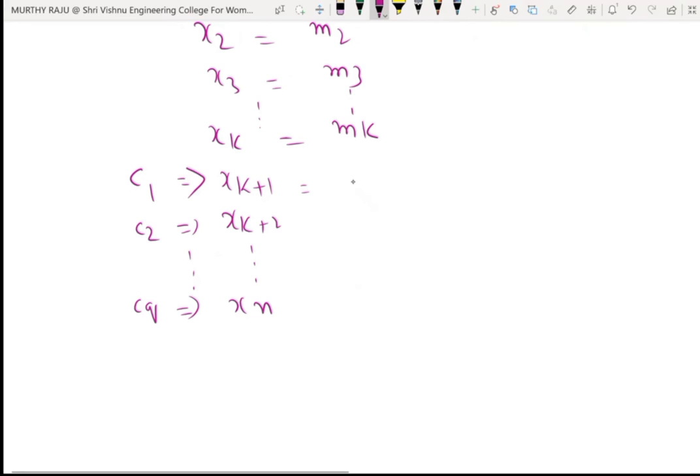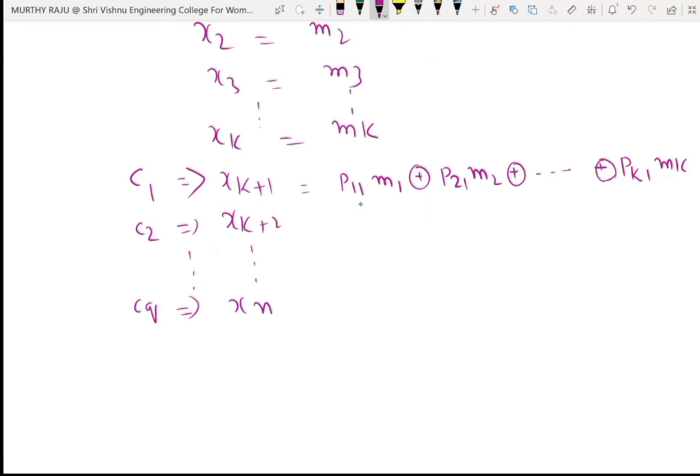Suppose M1, M2, M3 are the message bits and C1 is a check bit. How is the C1 check bit formed?